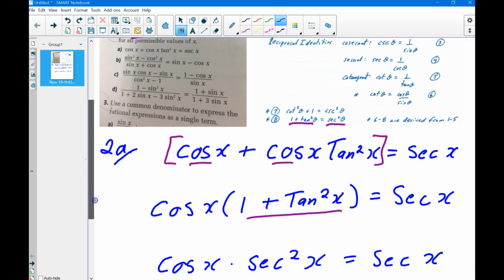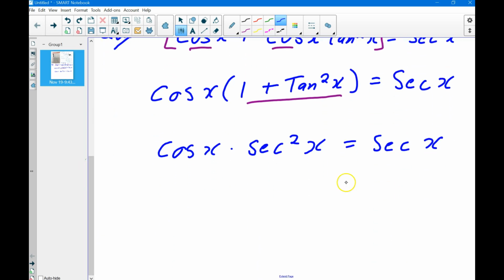So secant squared here will be 1 over cosine squared x.